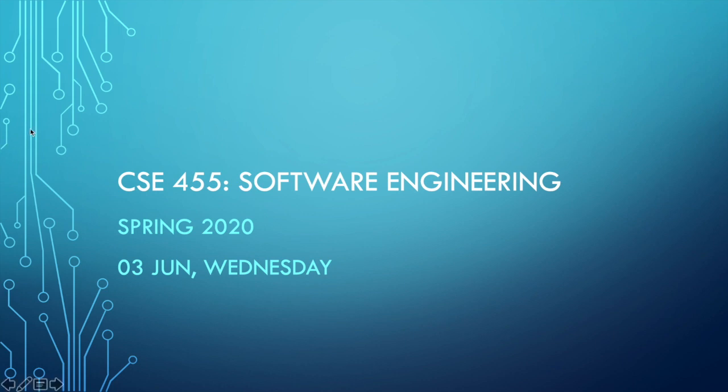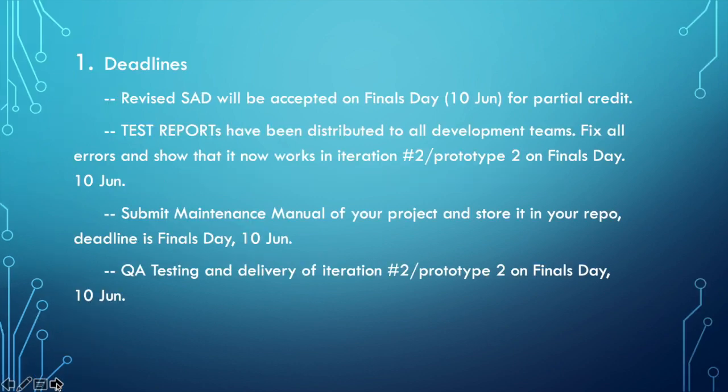Today we'll be talking about the last requirement for the documentation of your projects. I have told you that for the revised software architecture and design, I will accept your correction by finals day, the 10th of June, for partial credit.